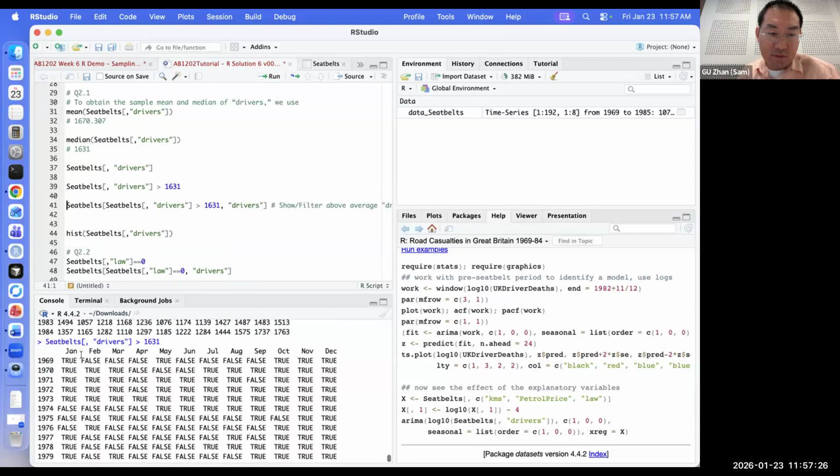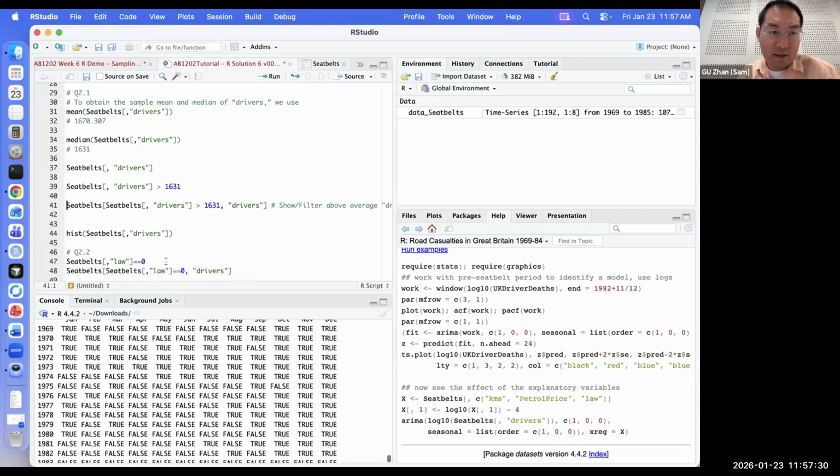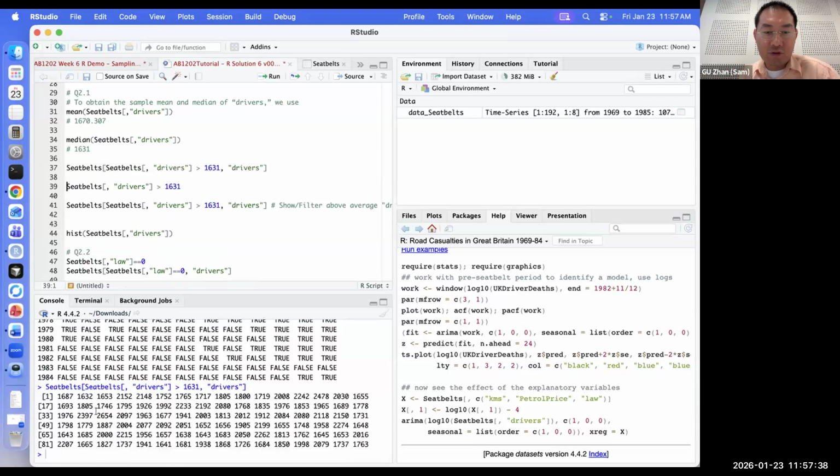It will tell you for each year whether it's true or false, true or false, for so many numbers. We add this into the left of the comma as a condition. We run it, and it shows you only those years whose drivers killed are higher than 1631.